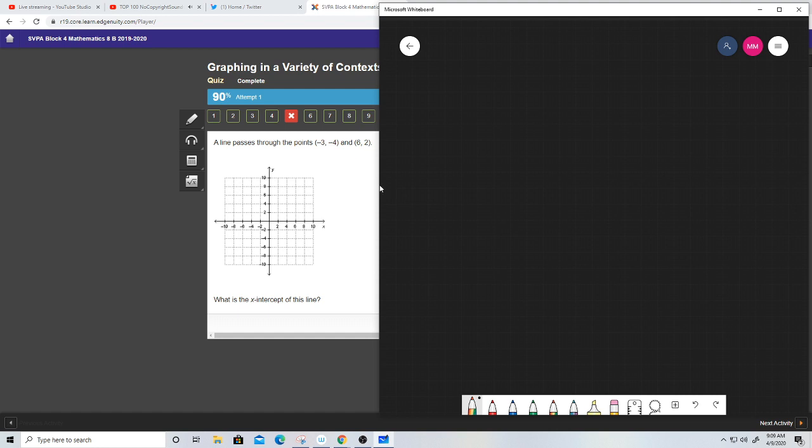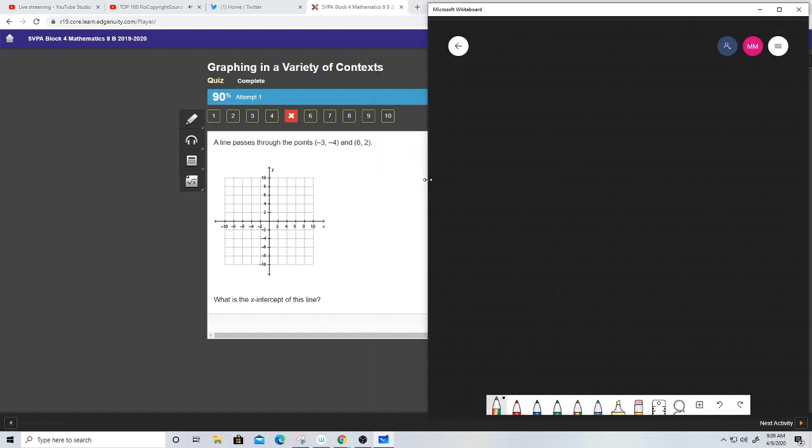So I bet you I misread a detail. All right, what am I doing wrong? Oh my goodness. What is wrong with me here? -1, -2, -3, -1, -2, -3, -4. 1, 2, 3, 4, 5, 6, 1, 2. X-intercept.